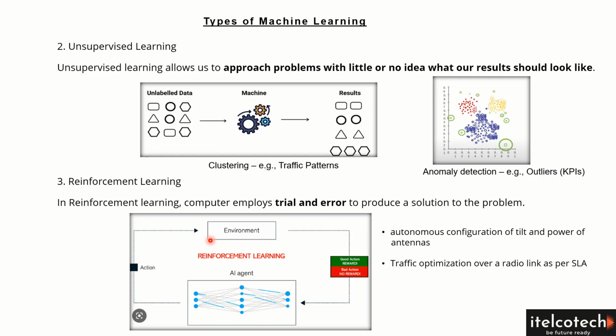Say, for example, we want to achieve lower interference in the network, and we have made a reinforcement learning model, and we'll talk about machine learning models in the subsequent slides. Once that model is in place, is the machine able to give the outcomes as per the requirement or not?